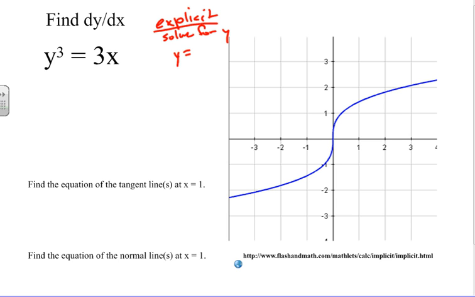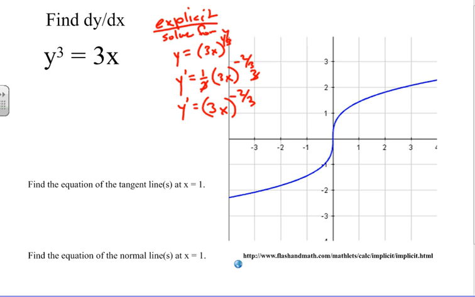We have y equals the cube root of 3x, so 1/3 power. We could take the derivative if we want to. y prime equals 1/3 using the chain rule, 3x to the negative 2/3 power, times 3. Cancel, cancel. We have 3x, all that quantity, to the negative 2/3. That is what y prime equals.